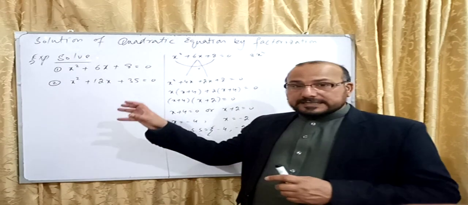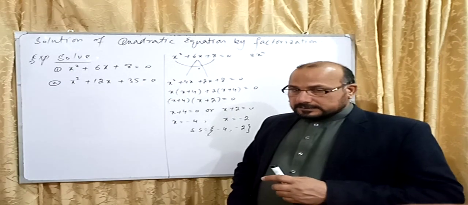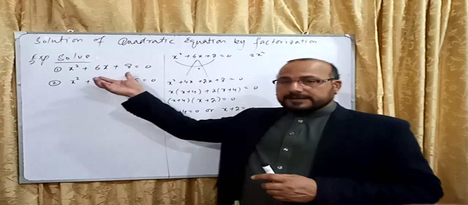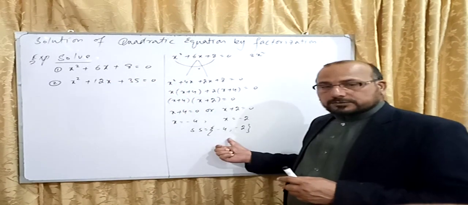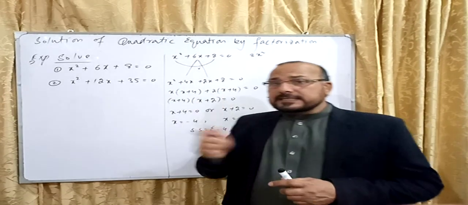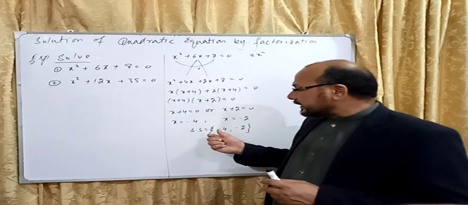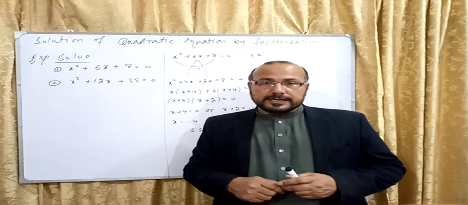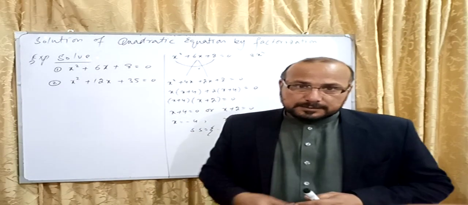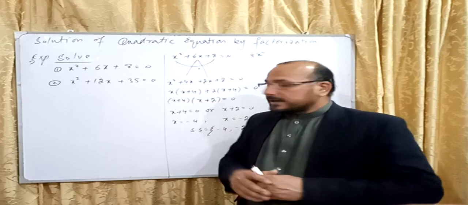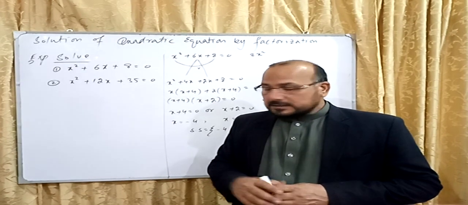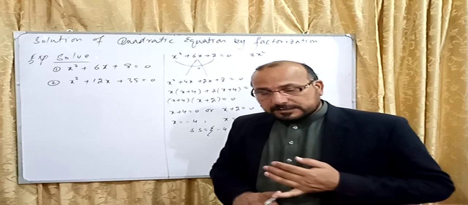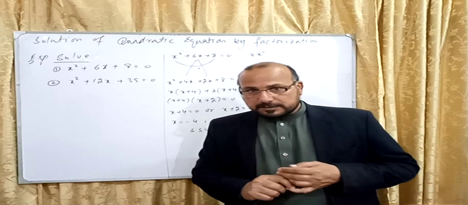So if there is a possibility of factorization, we will make the factors and we can get the solution set. If there isn't any possibility, then you cannot find the solution set by using the factorization method. That's why we will study in the upcoming classes the solution of quadratic equation by completing the square method as well as the quadratic formula.